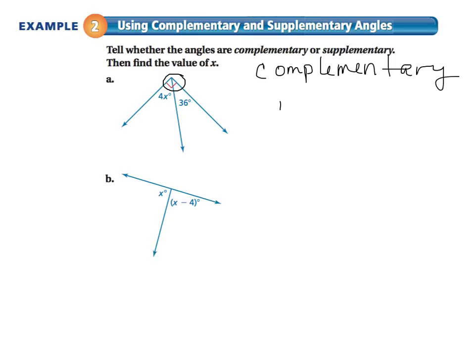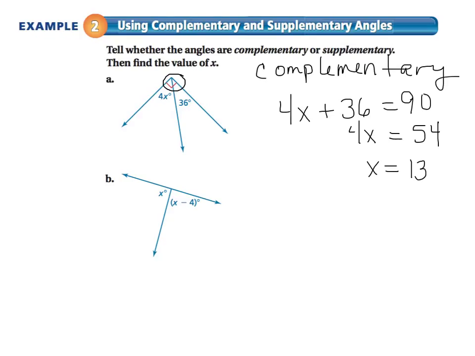We know that 4x plus 36 degrees would equal 90 degrees. So now we solve this for the value of x. I would subtract 36 on both sides by using the subtraction property of equality. So that would give me 4x equals 54. I then divide both sides by 4, and that gives me x equals 13.5.